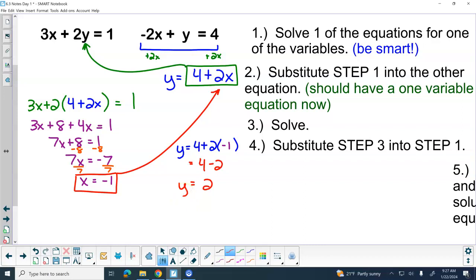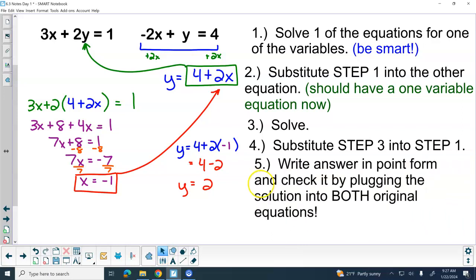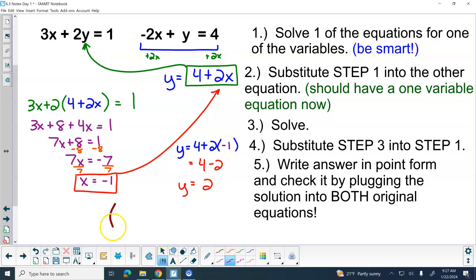Now, the last step is the most important step. The last step says now we're going to write our answer in point form, which means that we're going to write our answer as (x, y), and we've got to check it to make sure it works, to make sure we did our math correctly. If I check it back in the first one, 3 times negative 1 plus 2 times 2 has to be 1.